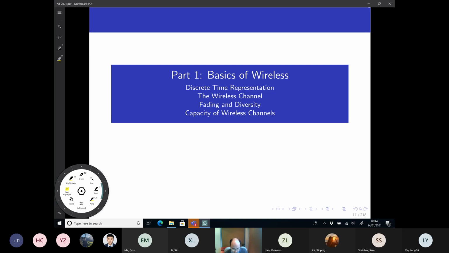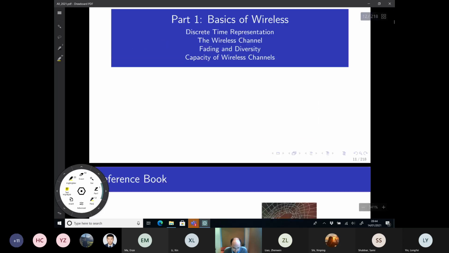Then we're going to look at the wireless channels. We're going to try to characterize a little bit the wireless channels, what they are made of, look at fading and diversity, and then the capacity of those channels. This is not only for today, probably this is going to be also for next week.